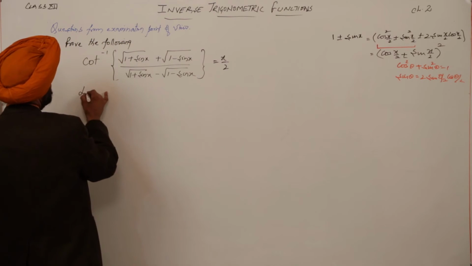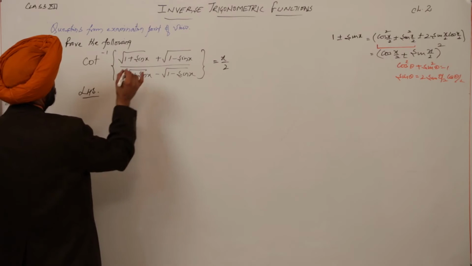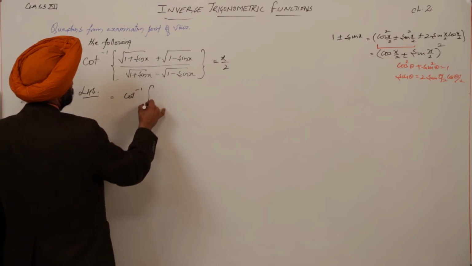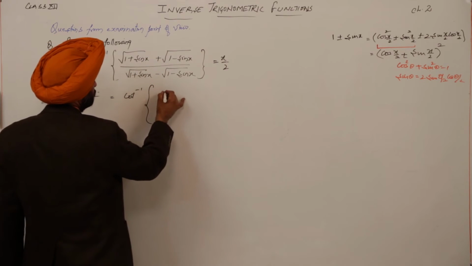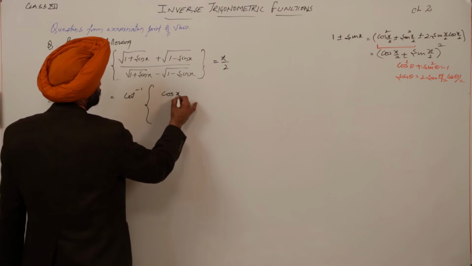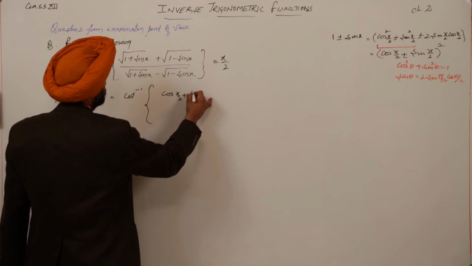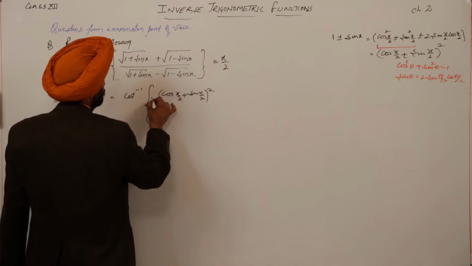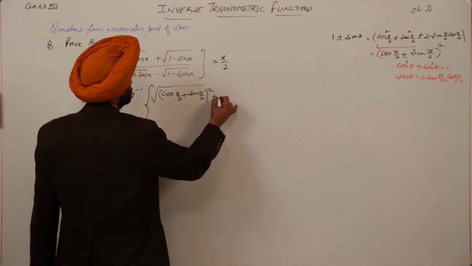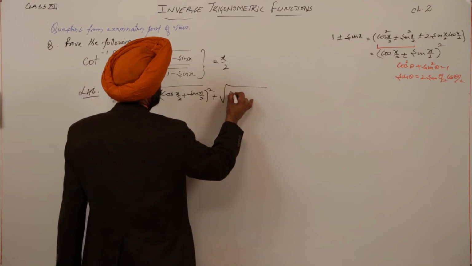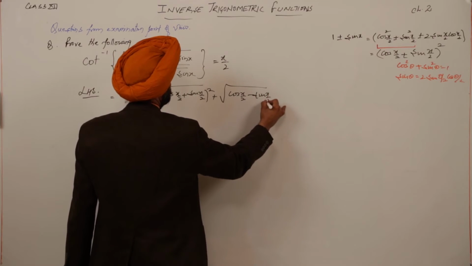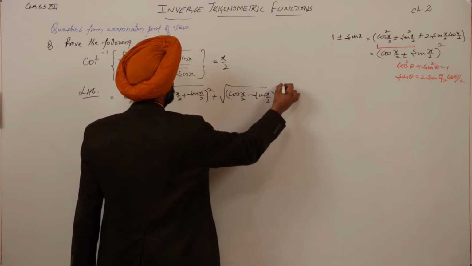Now the question becomes cot inverse of the square root of (cos(x/2) plus sin(x/2)) whole square, plus the square root of (cos(x/2) minus sin(x/2)) whole square.